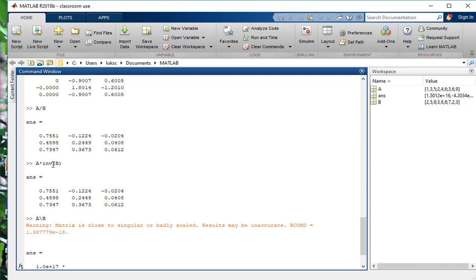A times inverse of B or A over B being the same thing, try and use this technique rather than the backslash which says B divided by A, or B times the inverse of A.